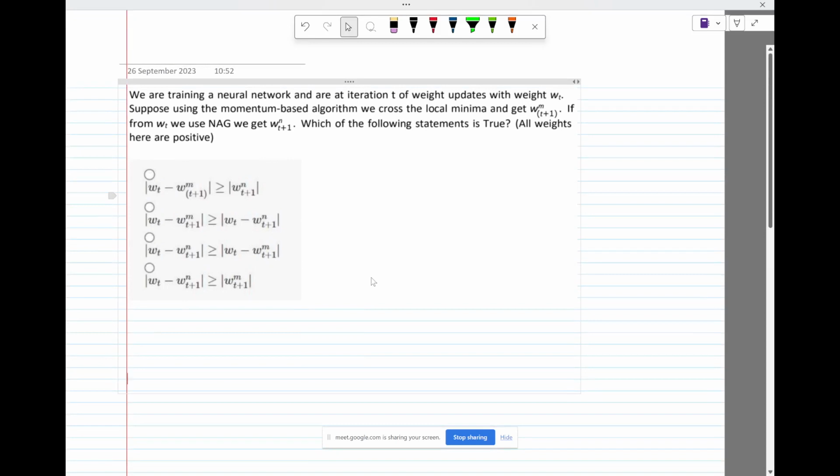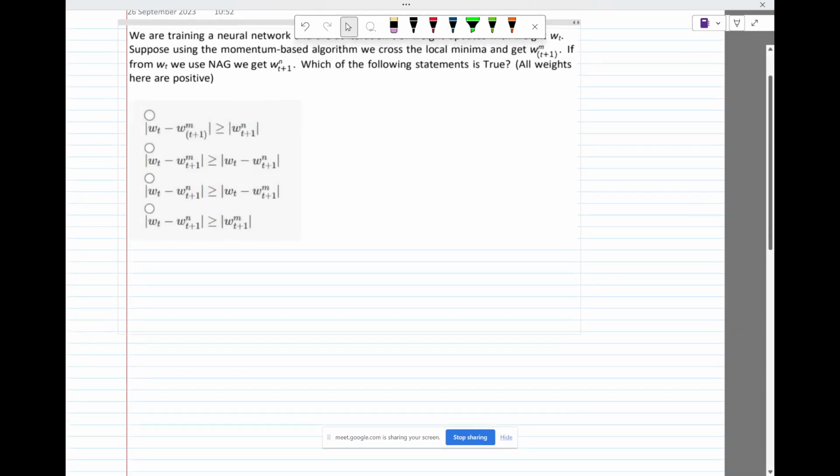So here they are saying we are training a neural network and are at iteration t of updates with weight Wt. Suppose using the momentum based algorithm we cross the local minima and get Wm t plus 1. That is, you are currently at Wt, you use the momentum based update and you reached Wm t plus 1.